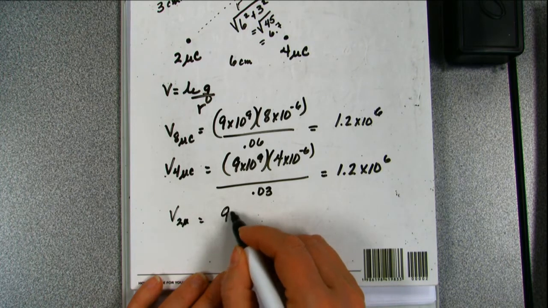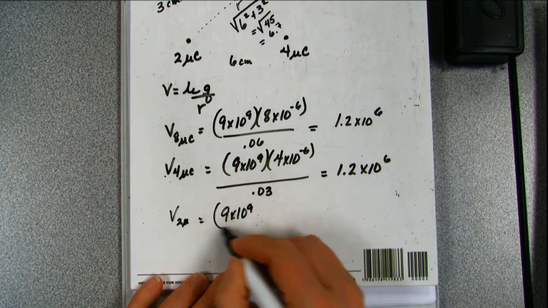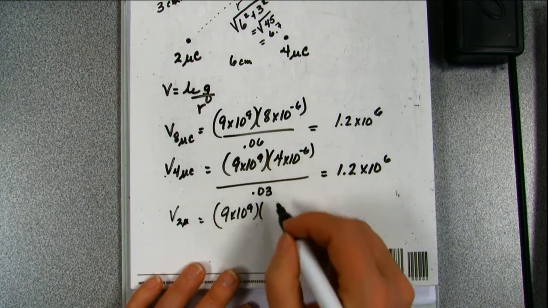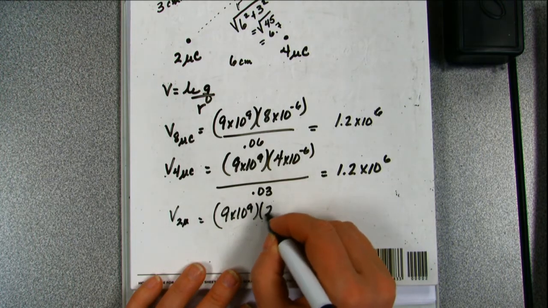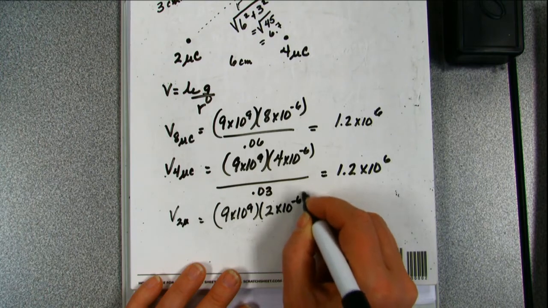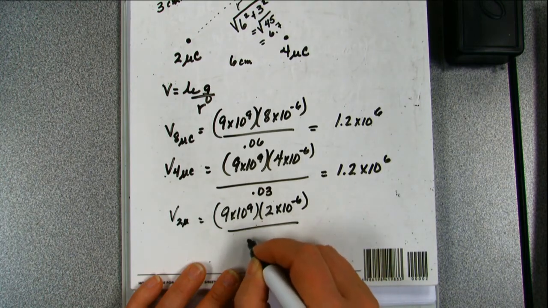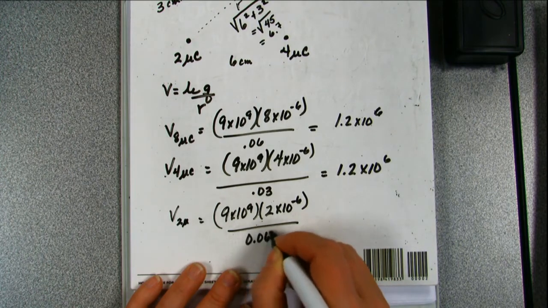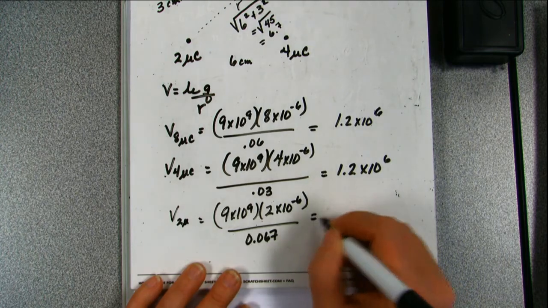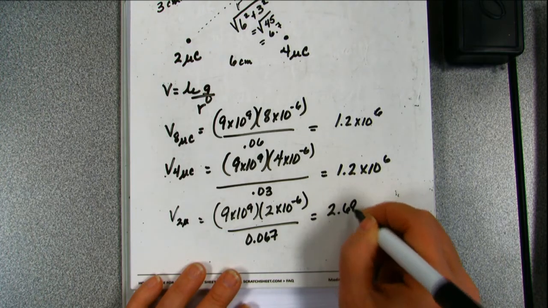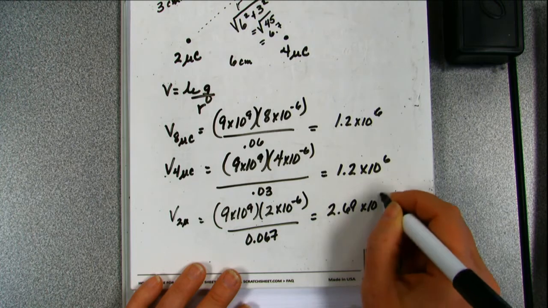It's going to give me my 9 times 10 to the 9th, and my 2 times 10 to the minus 6. And now that's 0.067 away, and that's 2.69 times 10 to the fifth.